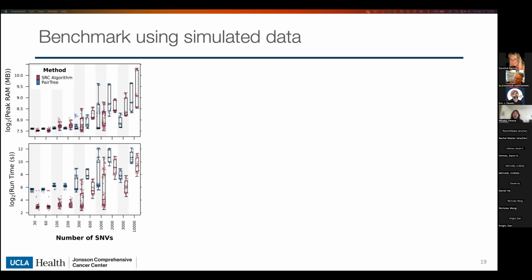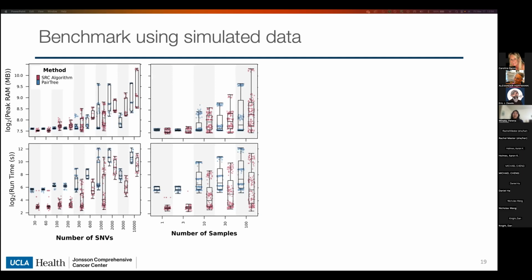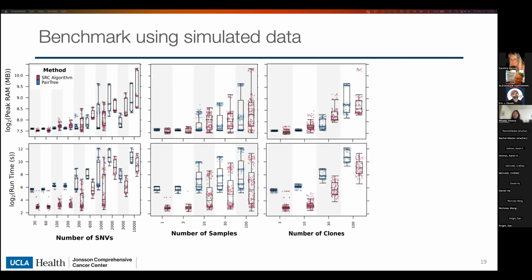For each plot, I divide them based on the number of SNVs, number of samples, and number of clones. And based on these six plots, our algorithm has a faster runtime for up to 10,000 SNVs per sample, up to 100 samples and 100 clones.